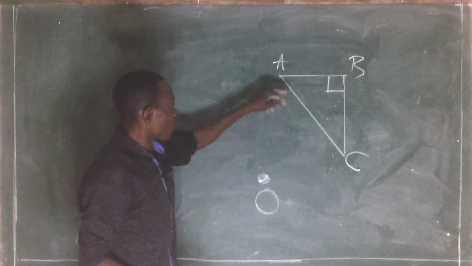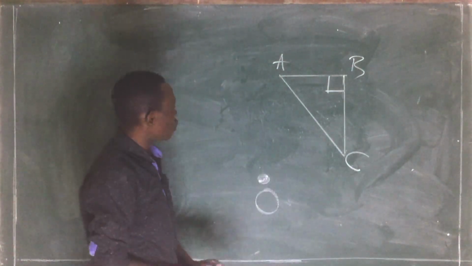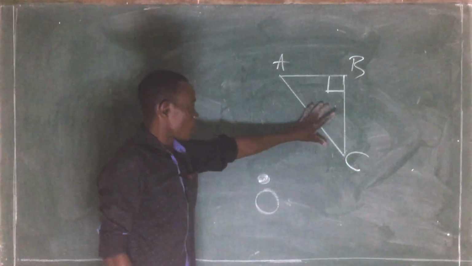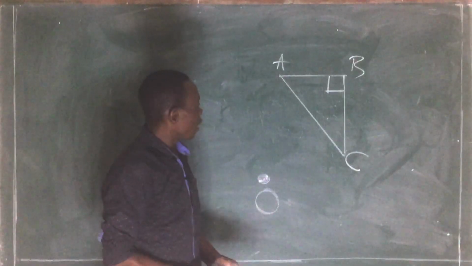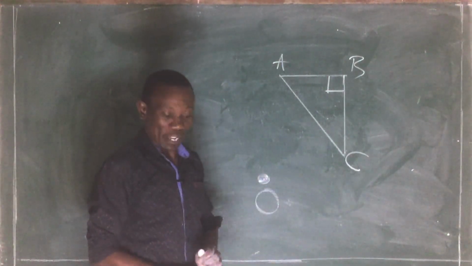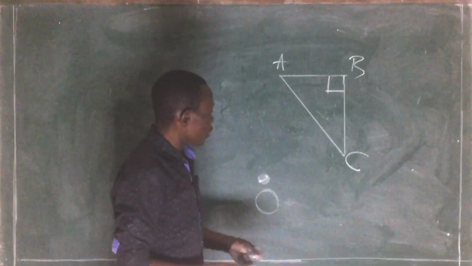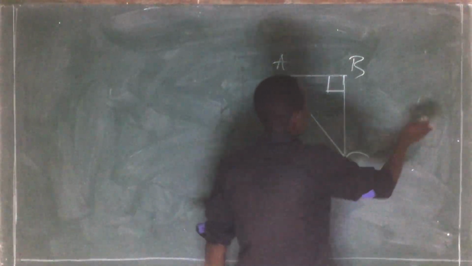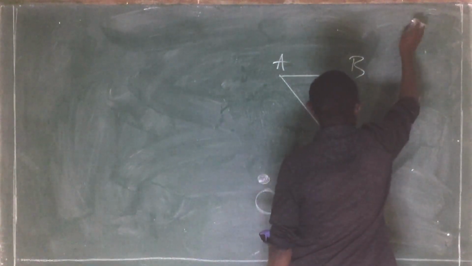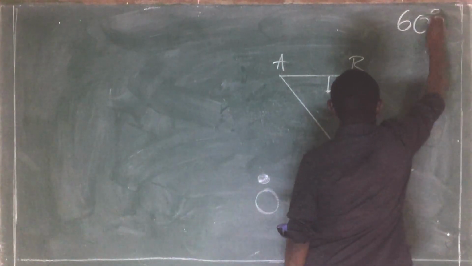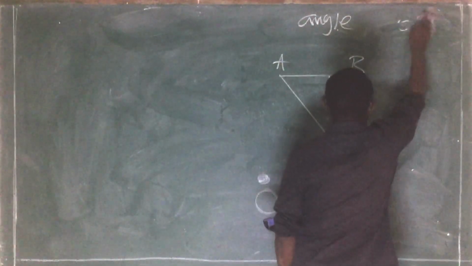We have triangle ABC given here, and we are asked to locate the image of this, which is the result of the transformation. Considering those points, we are given the angle of rotation to be 60 degrees.